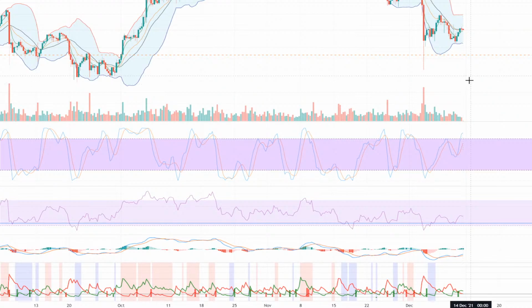So at the moment, there's just a very interesting pattern. I would love to bet a long position right now. However, I'm still unsure because here is a very interesting moment.